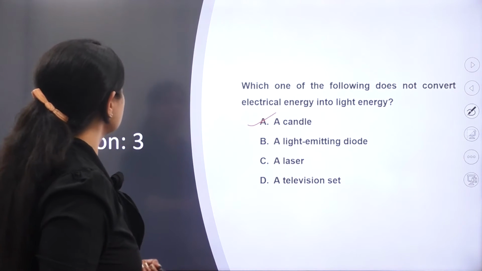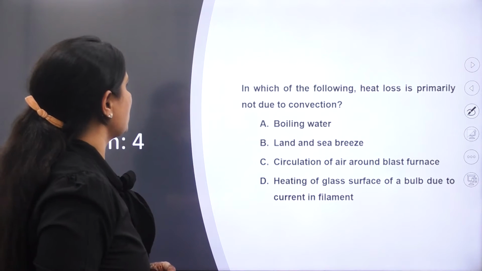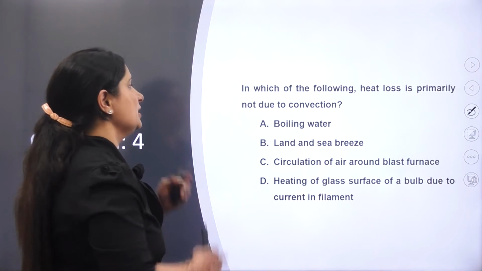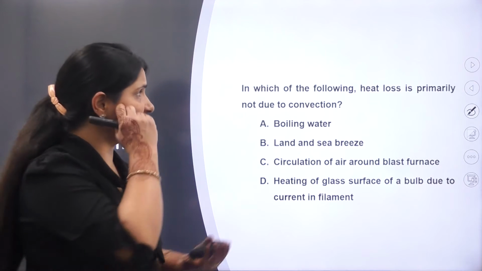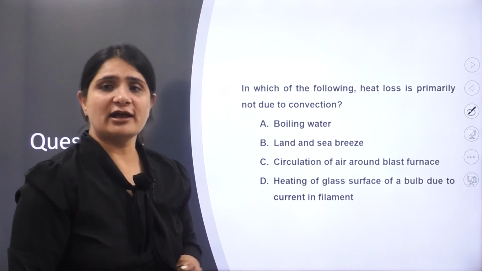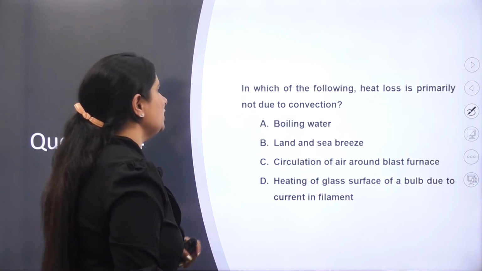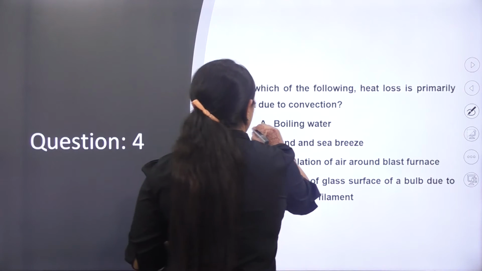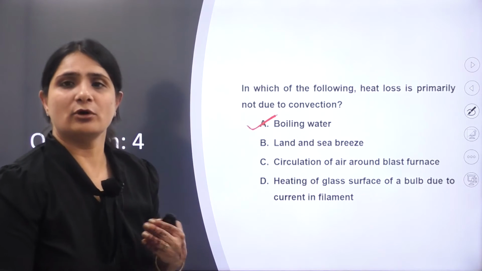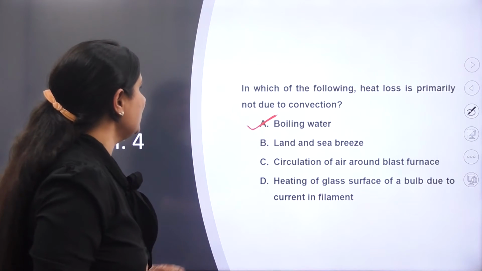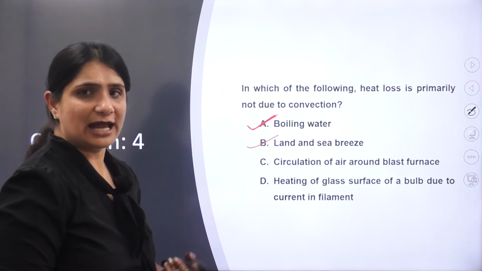We move to the next question, question number 4. In which of the following is heat loss primarily not due to convection? So if we remember, convection is the mode of heat transfer which involves the movement of the particles. In boiling water, the heat energy is transmitted by the mode of convection. Again, land and sea breeze also involve convection, heating and cooling of the air above the land and sea.